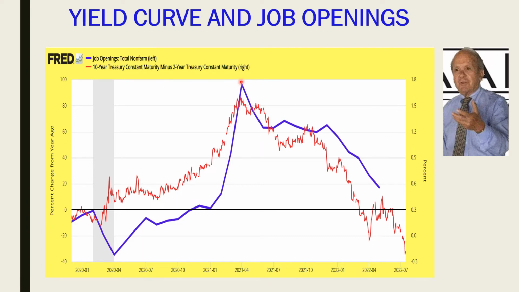And it's not a surprise that job openings are slowing down. So what the yield curve is saying is that the economy is slowing down, and the outlook for employment is getting poorer and poorer.